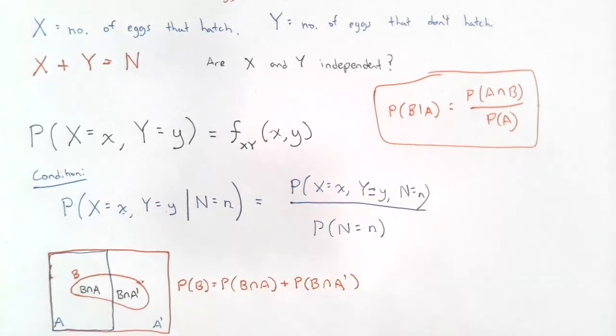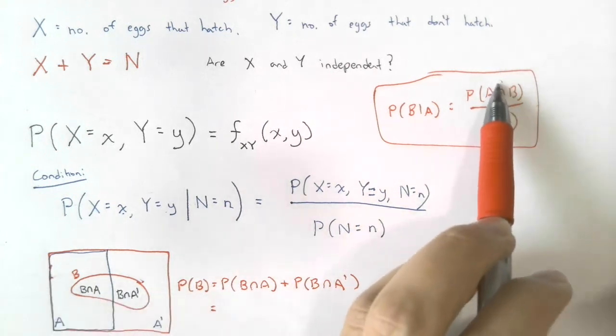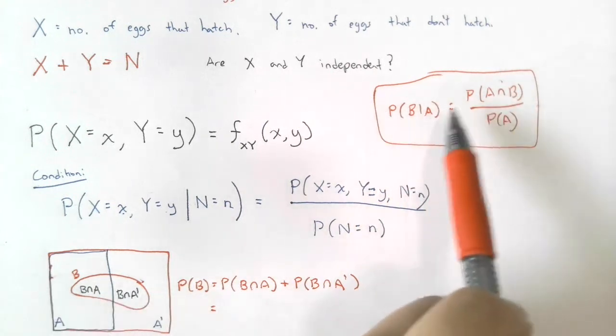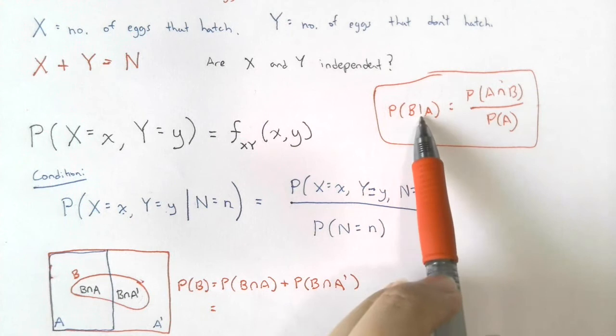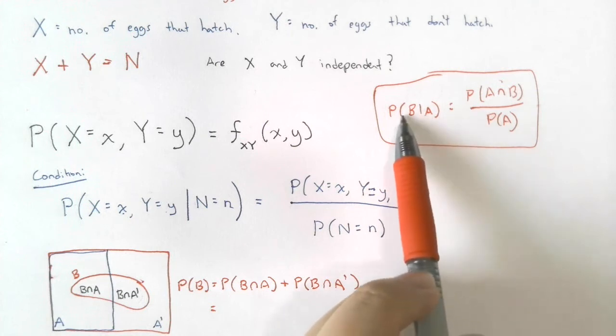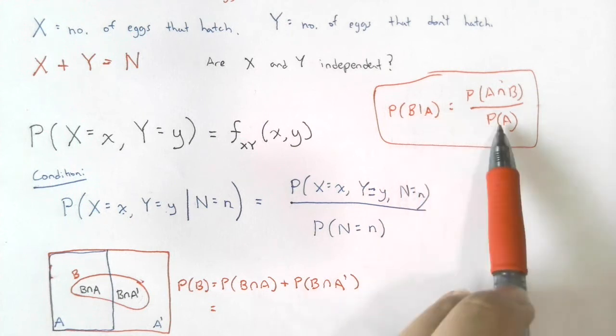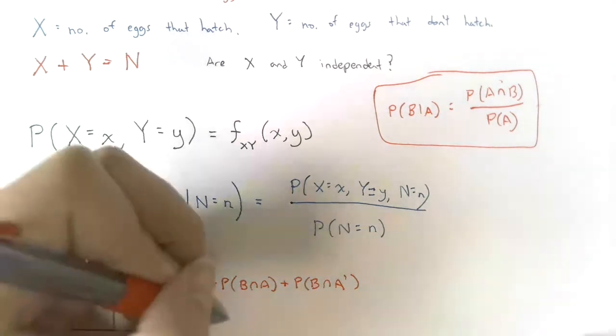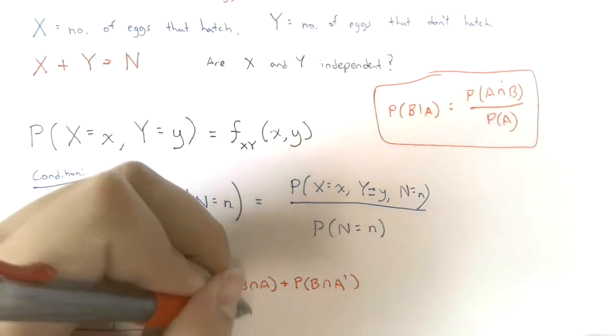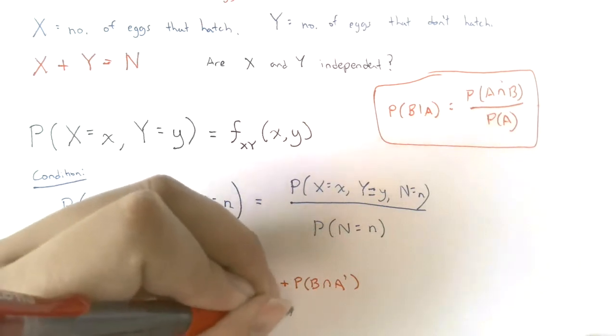It seems very simple to graph. However, we also know that we can relate intersections to conditional probabilities through the conditional probability rule, which means that instead of the intersection of B and A, I can write the probability of B given A, multiplied by the probability of A.